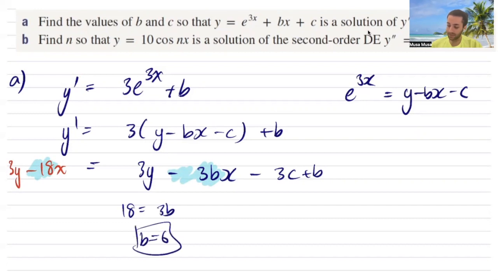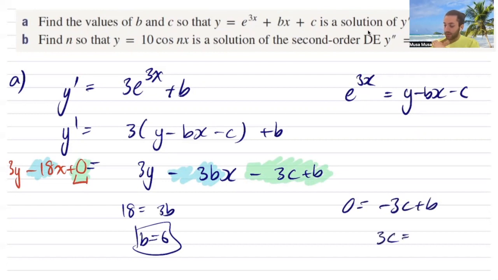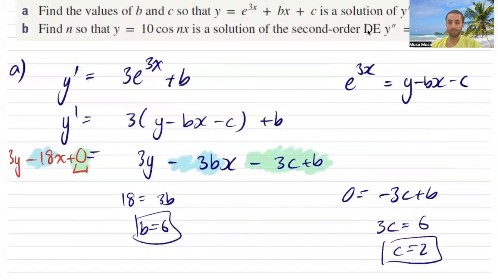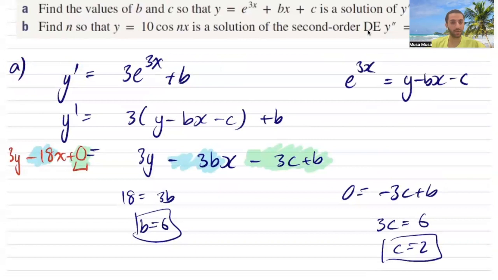And then the fact that there is no constant on this side means that this constant should correspond with this. We can say 0 equals minus 3c plus b, 3c equals 6, and c equals 2, because b equals 6. Perfect. That's part A. Pretty chill, no dramas.